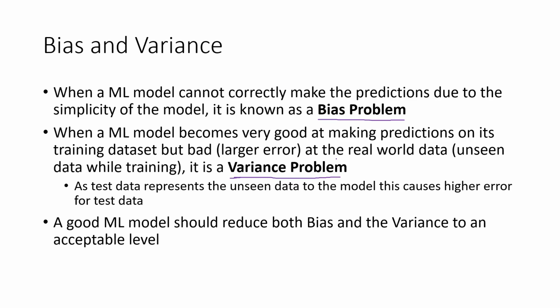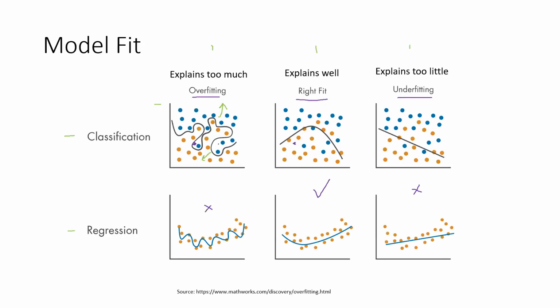So in this case, we can test how much variance it has using the test data set, right? Because the test data set represents the unseen data for a machine learning model. Unseen data means the data that is not used for training. So this model is created because of training, right? Once you have trained it, the model can fit all the data points that are used for training.